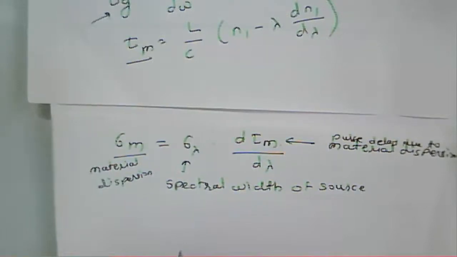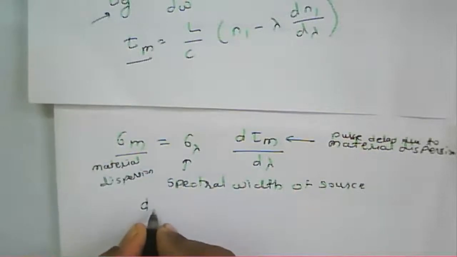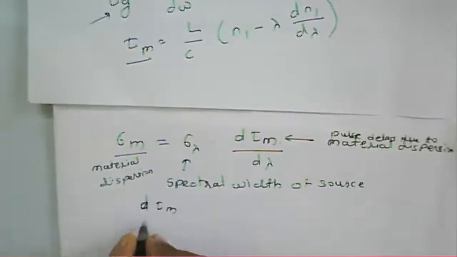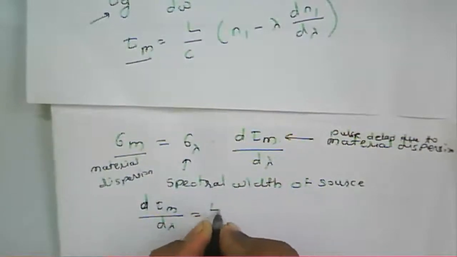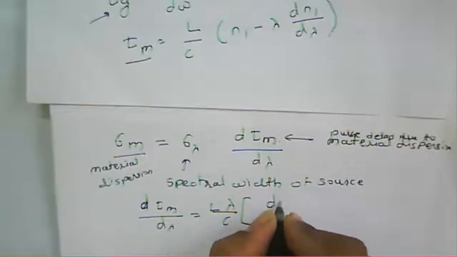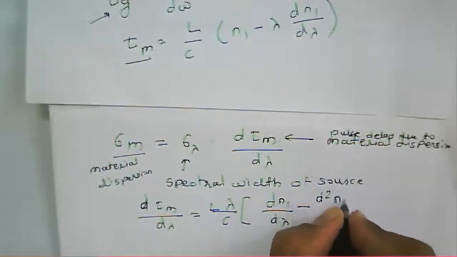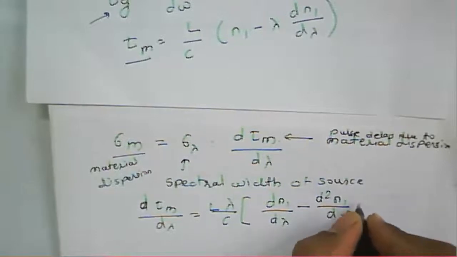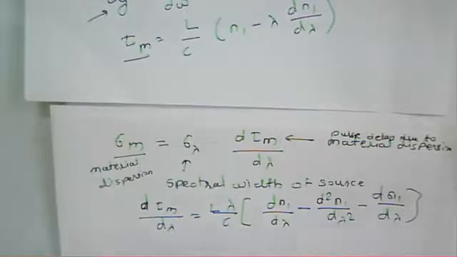Using this dispersion equation, we can calculate the material dispersion: L into lambda by C, dn1 by d lambda minus d square n1 by d lambda square minus dn1 by d lambda.